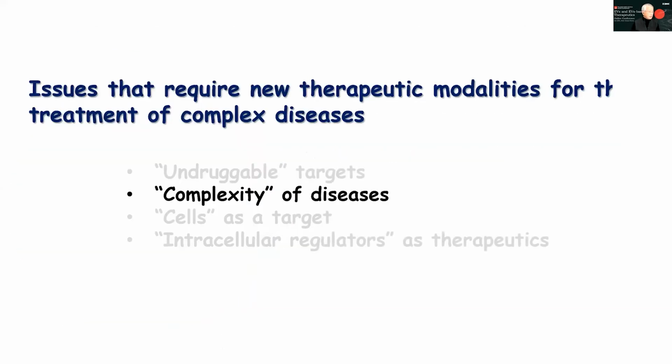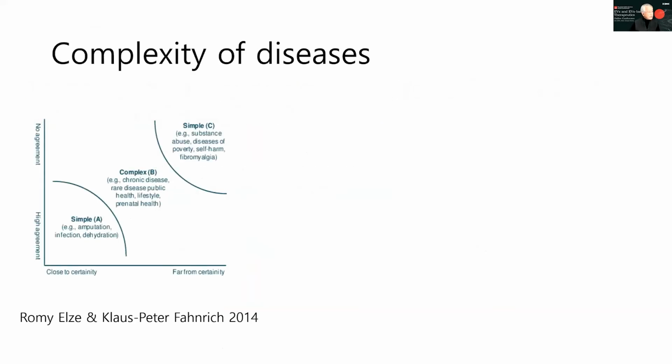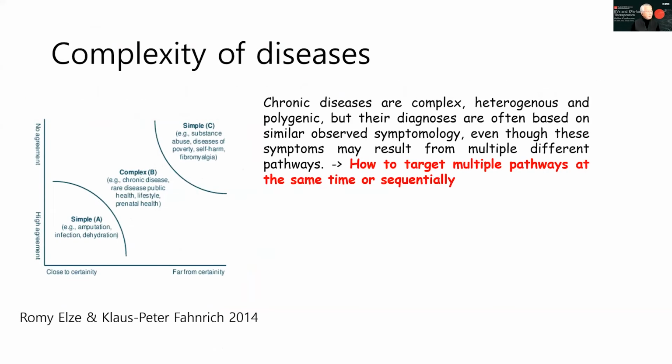The second issue is the complexity of disease, as I mentioned before. The complexity of chronic disease is very hard to handle, because chronic diseases are very complex and heterogeneous and polygenic, but their diagnoses are often based on similar observed symptomology.